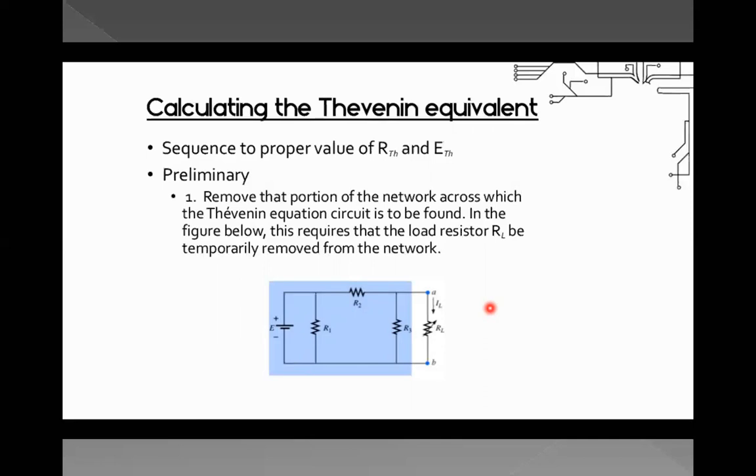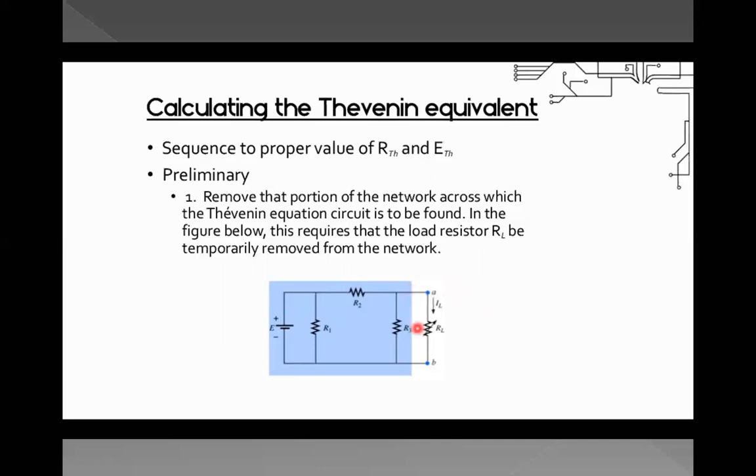The steps to be followed for finding the values of ETH and ZTH. The first is to remove that portion of the network across which the Thevenin's equivalent circuit is to be found. In the figure below, this requires that the load resistance RL be temporarily removed from the network.